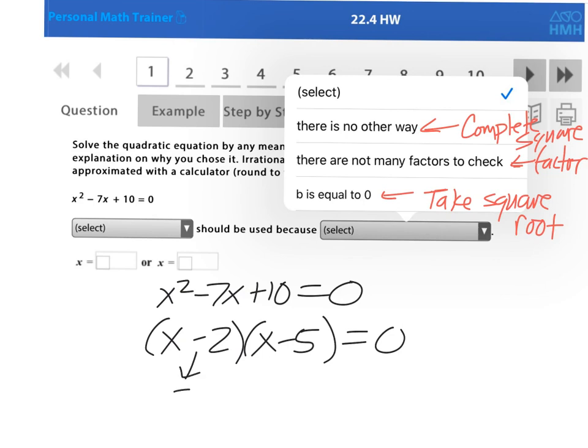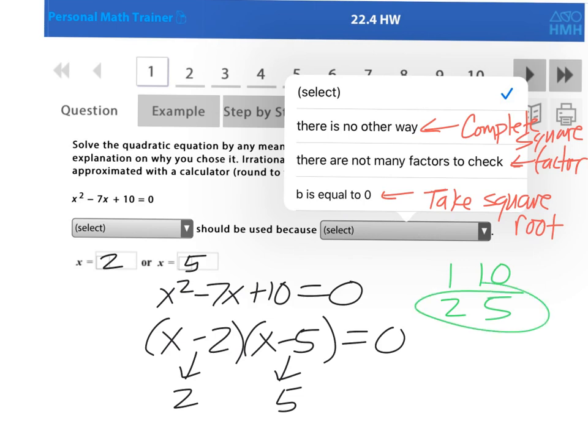Therefore, my solutions are 2 and 5. My methodology here would have been factoring, and the reason is there are not many factors to check. What are the factors of 10 that you would have to check? The factors are 1 and 10, 2 and 5. That's not very many. 2 and 5 works.